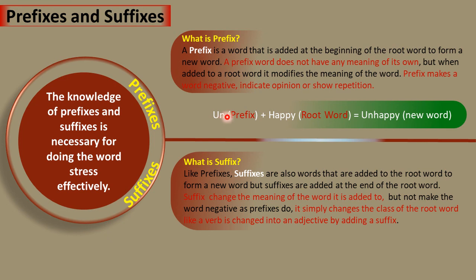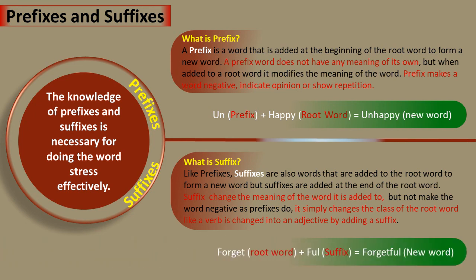Here the prefix un makes the root word negative, but suffixes are not so. A suffix simply changes the class of the root word, like a verb is changed into an adjective by adding a suffix. Let us see one example word.